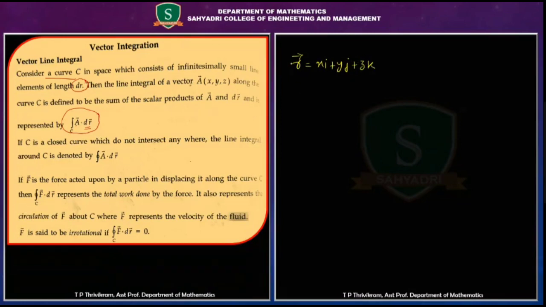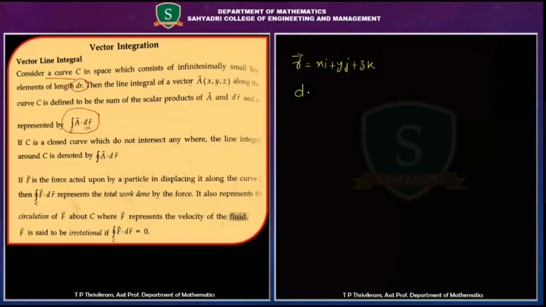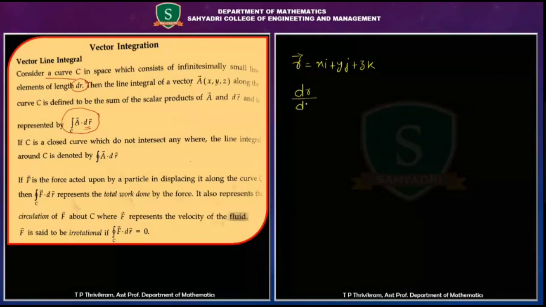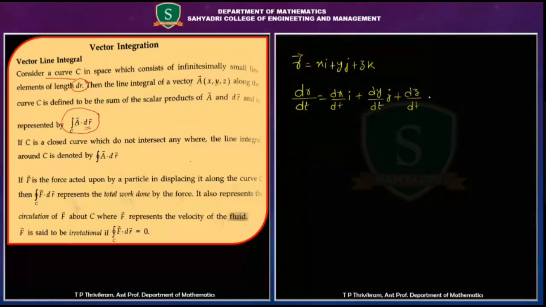So if you differentiate with respect to t partially, dr by dt, what happens? dx by dt you will get i, plus dy by dt you will get j, plus dz by dt you will get k.